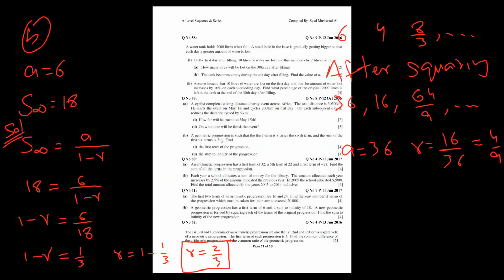The sum to infinity of the new progression is a over 1 minus r, where a is 36 and 1 minus 4 over 9. So let's find what answer comes: 36 divided by 1 minus 4 divided by 9. The answer is 64.8. 64.8 is the sum to infinity of the new progression, and that's it.